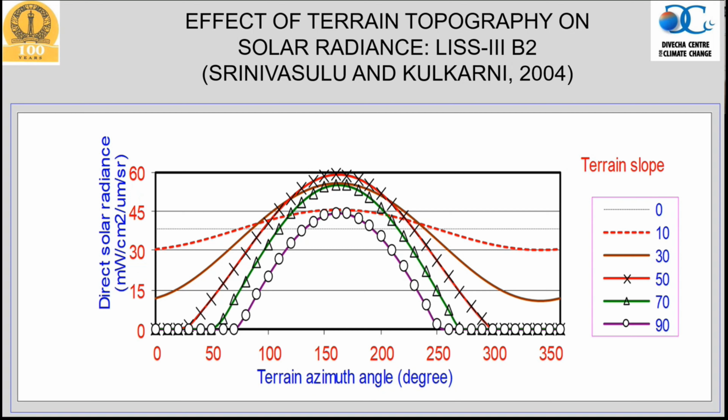The relationship between terrain, incoming solar radiation and the sun's position can be modeled. But what is very difficult to model is that incoming solar radiation can significantly change because of cloud cover and other atmospheric features.